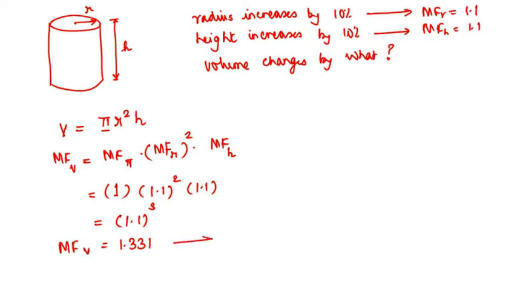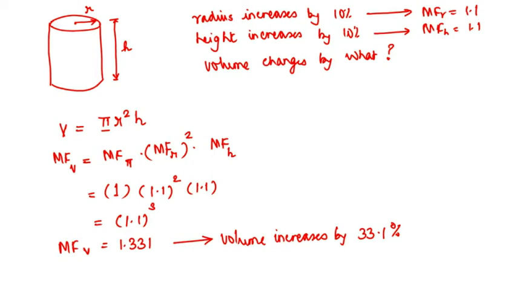So the multiplying factor of volume is 1.331. It means volume increases by 33.1%. Rikshit, 2 pi r h is the surface area. We are talking about volume. Volume is pi r square into h.